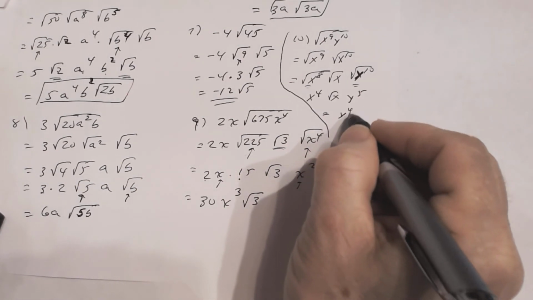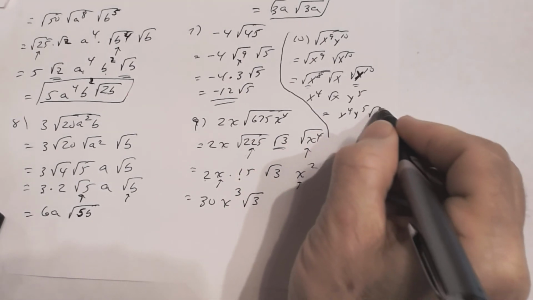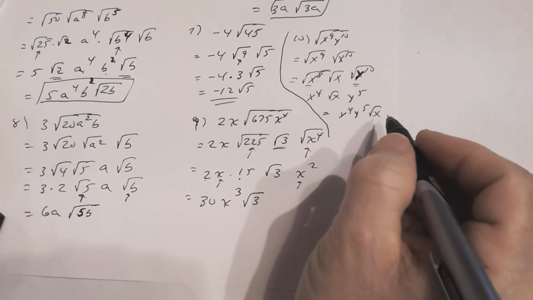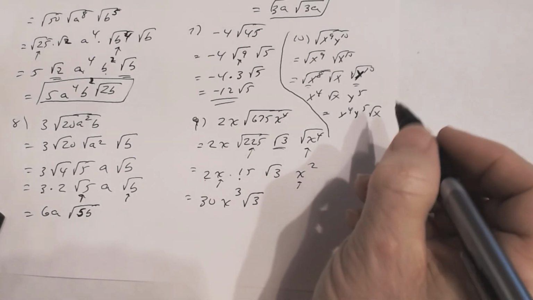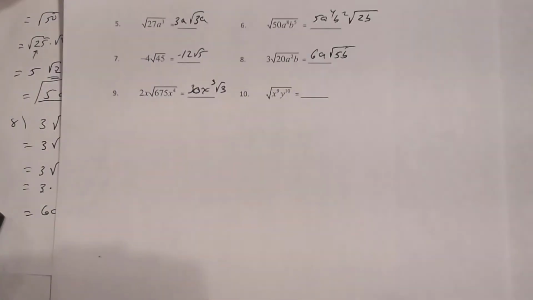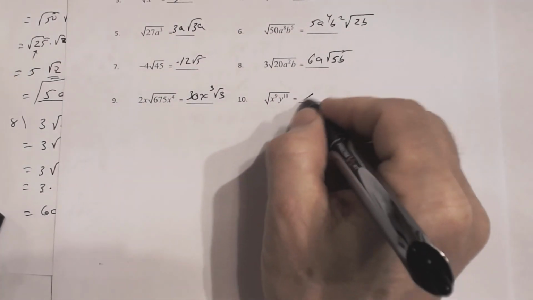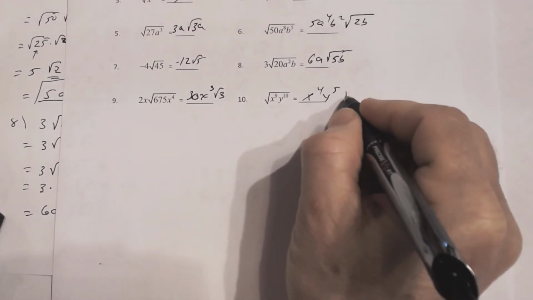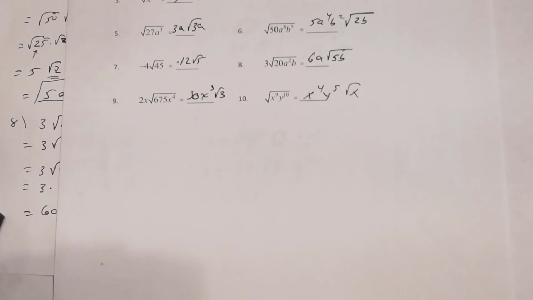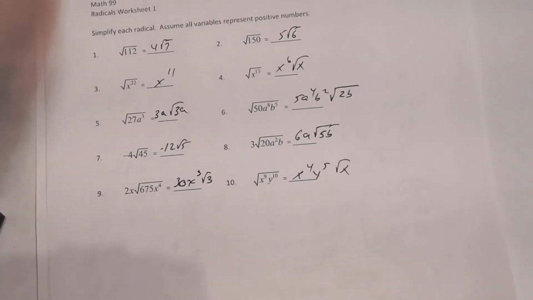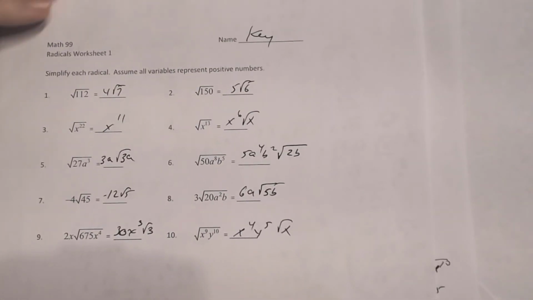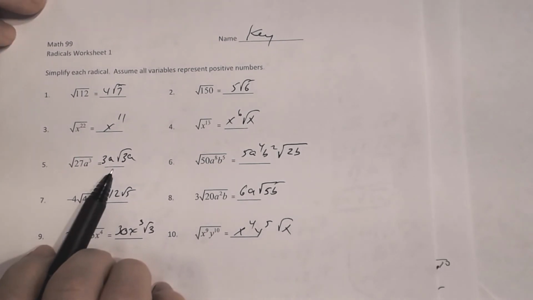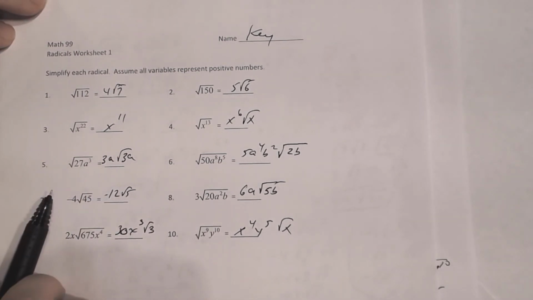So it'll be x to the 4th, y to the 5th, square root of x. All right, so that should be the answer to number 10. So number 10, we have x to the 4th, y to the 5th, square root of x. All right, so that is the key to worksheet number 1.